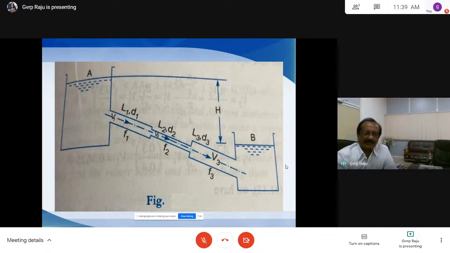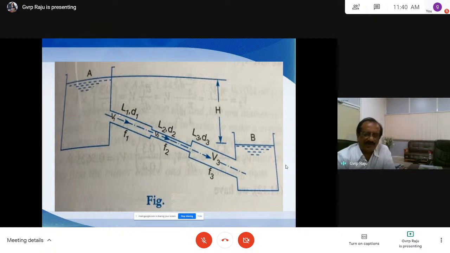H is the head difference between the two reservoirs, reservoir A and reservoir B. It is the water level difference between the two reservoirs, which is equal to the sum of losses, when you apply Bernoulli's equation between A and B. In other words, H is equal to the sum of losses.